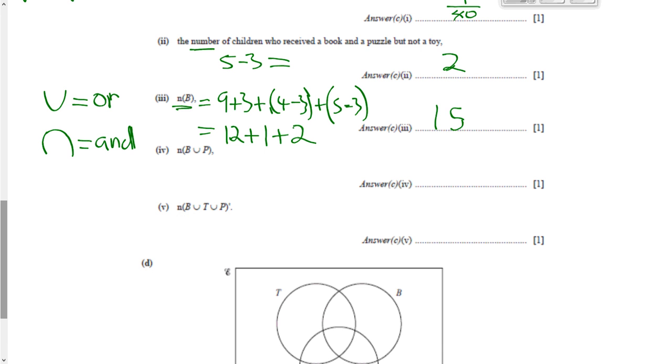That's the 15 from before that received a book, plus the 7 that just got a puzzle, plus the 6 minus 3 who got a puzzle and a toy. 15 plus 7 is 22, and the total is going to be 25.